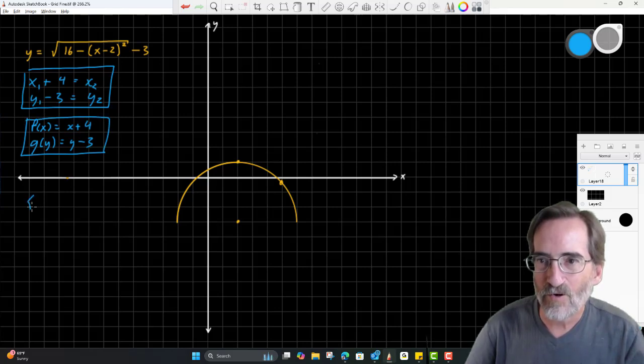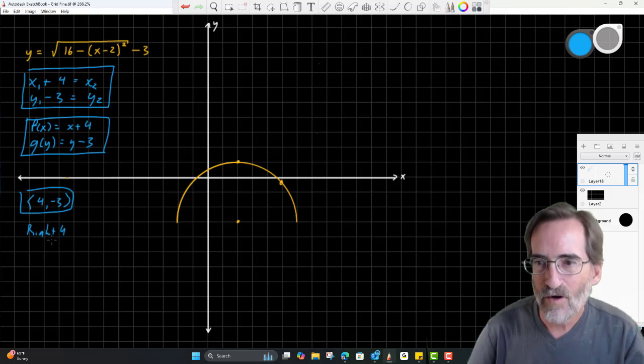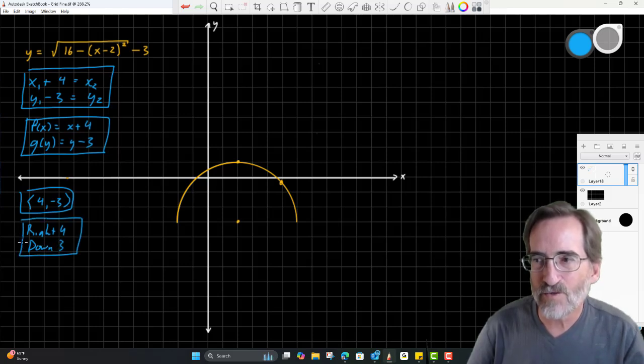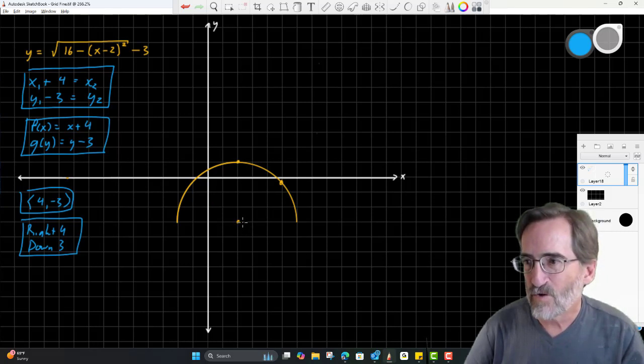Then from earlier, vector, positive 4, negative 3. Or description, right 4 and down 3. So 4 different ways to represent this transformation. Where would the center be? Well, the center would be 4 to the right, 1, 2, 3, 4, and 3 down.